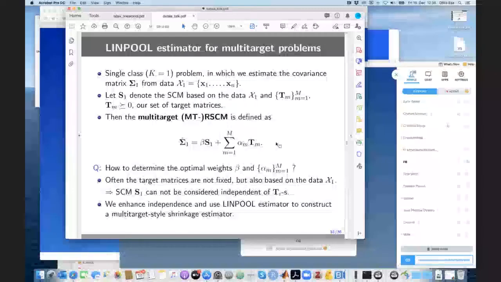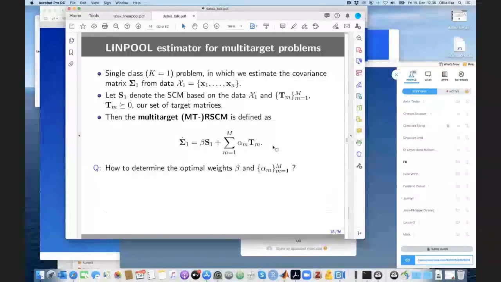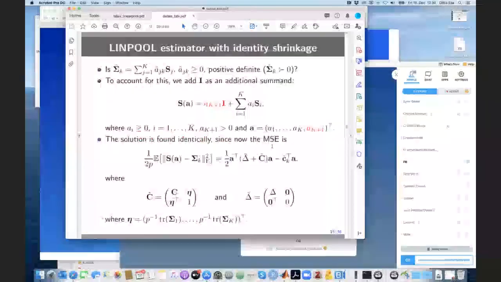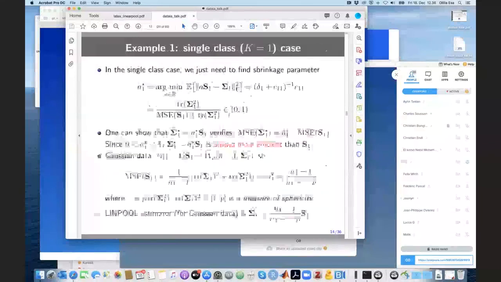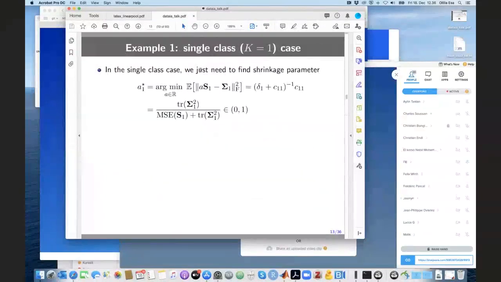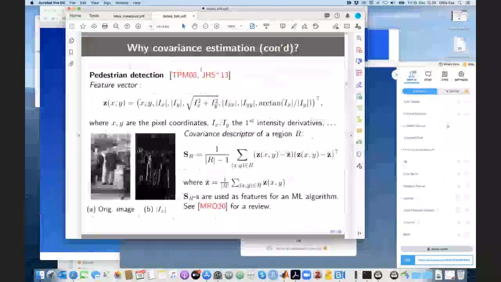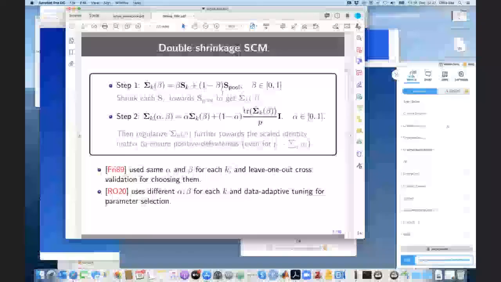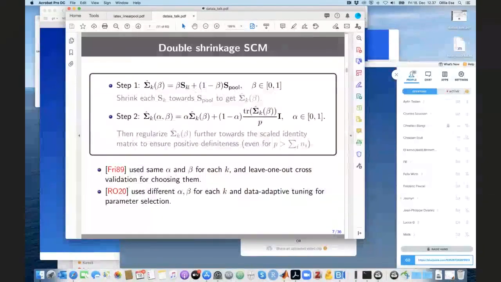Did you think about the possibility of taking another kind of mean, such as a harmonic one? I think you're referring to the pooled sample covariance matrix. Here you are shrinking this estimator towards the arithmetic mean.